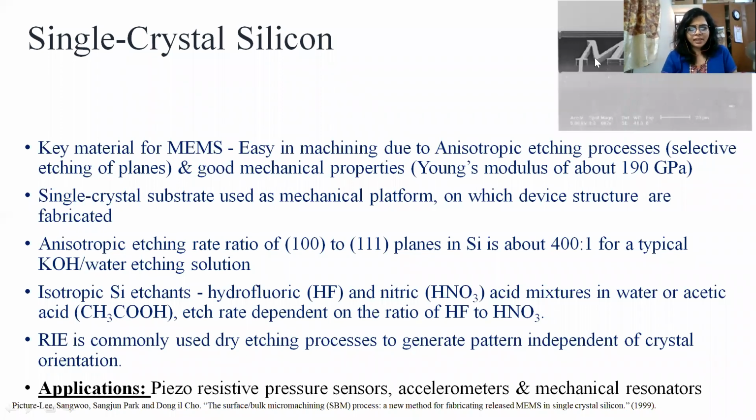Single crystalline silicon is the primary material used for MEMS devices. For surface micromachining, a single crystalline substrate is used as a mechanical platform on which device structures are fabricated. Single crystalline silicon is relatively easy to bulk micromachine with potassium hydroxide and tetramethyl ammonium hydroxide.